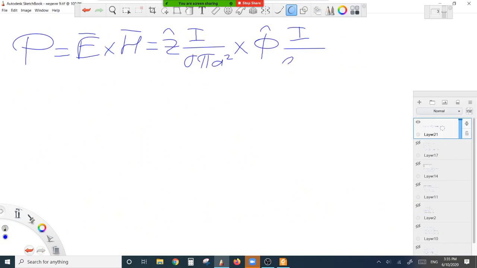Okay, what was the cross product of z and phi? In cylindrical coordinates, it was equal to minus the unit vector r.